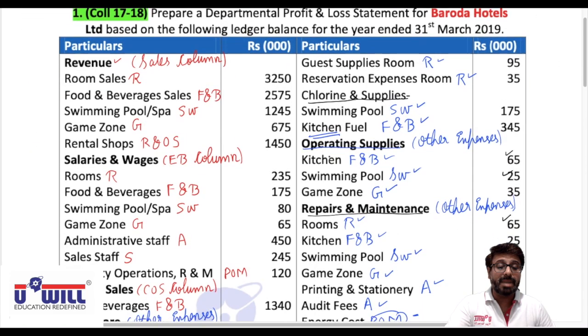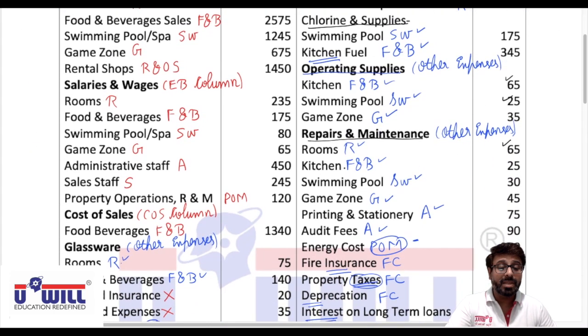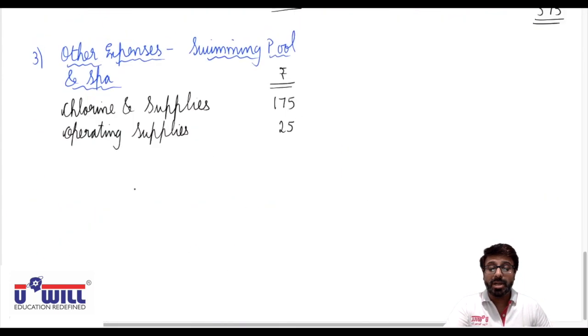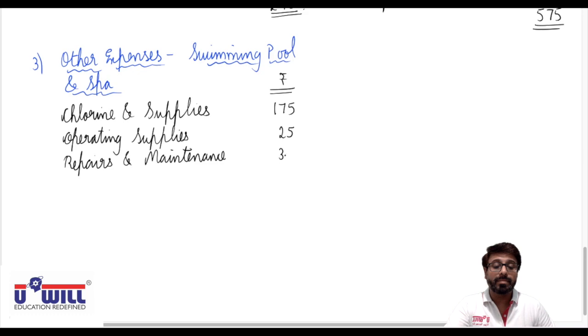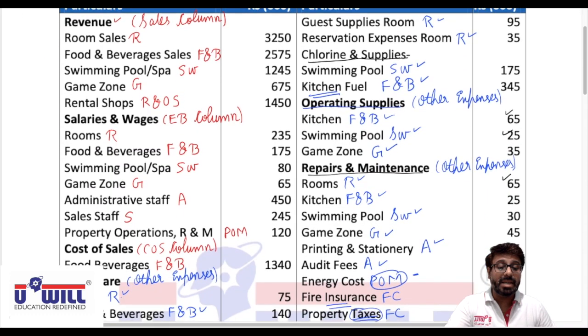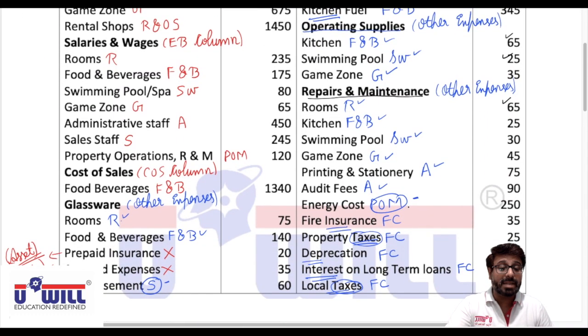Then what else is marked as swimming pool? This one, repairs and maintenance of swimming pool is 30. Then after that, anything else marked as SW?